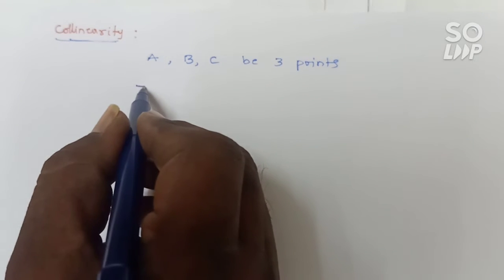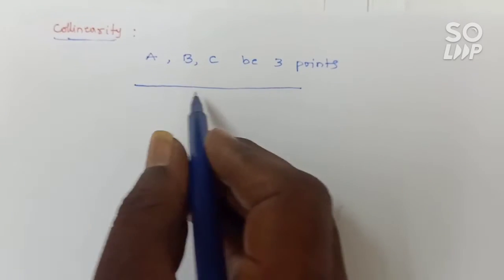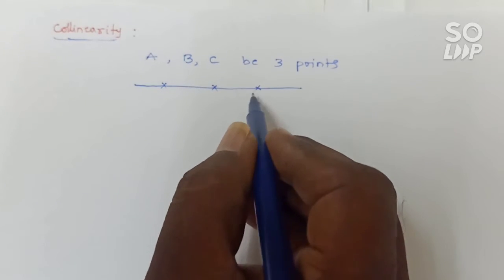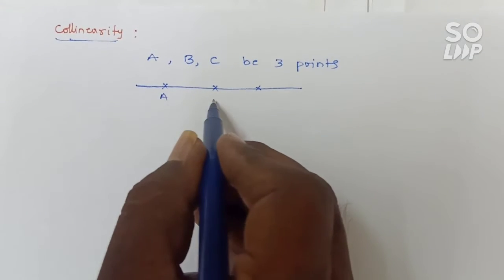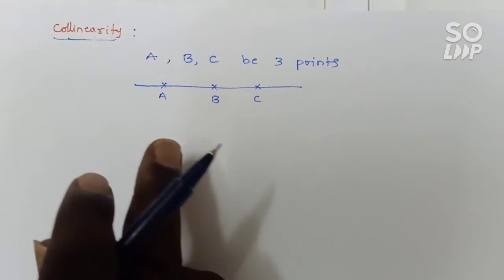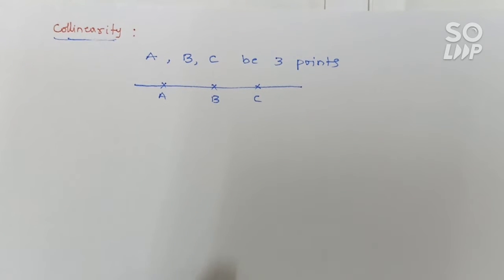If all these points lie on the same line, then we say all these points are collinear points. Not only 3 points, you can take any number of points. When all those points lie on the same line, then those points are called collinear points.